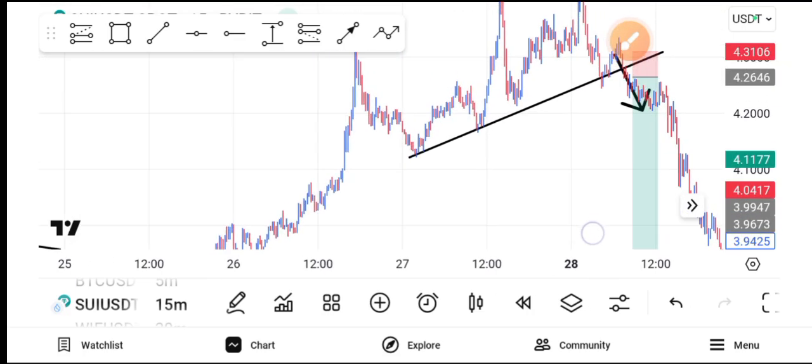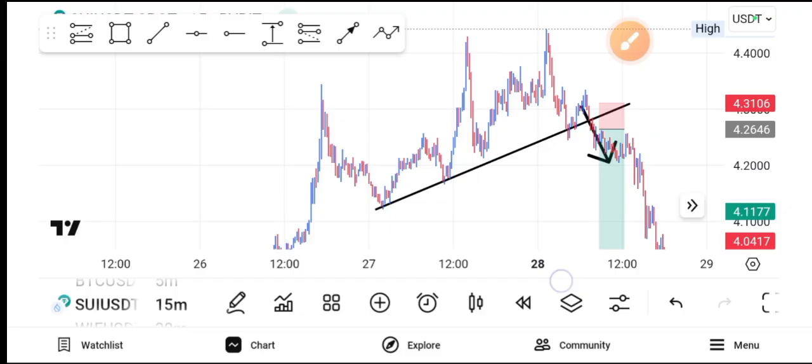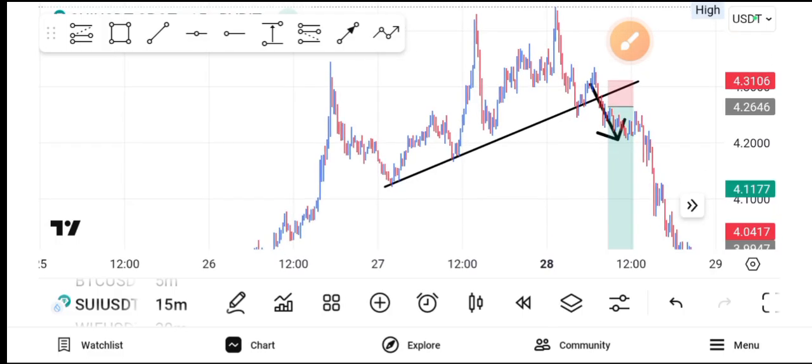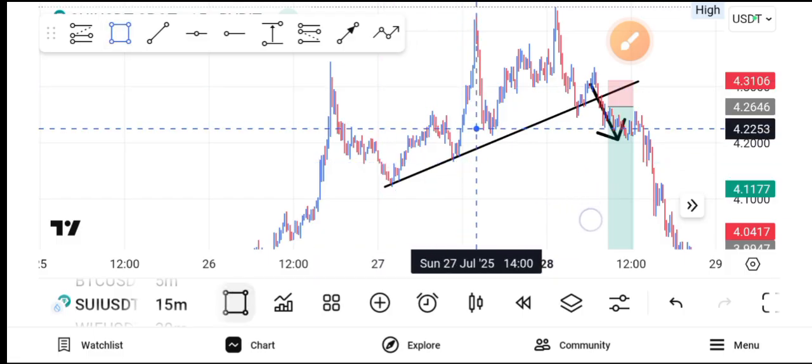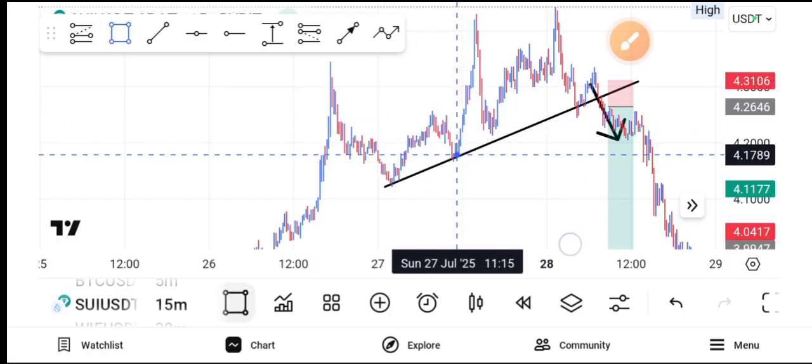Support, resistance. All right, so this is it here. Okay, let me use this and show you a support. So this is a support zone. This particular place is support.